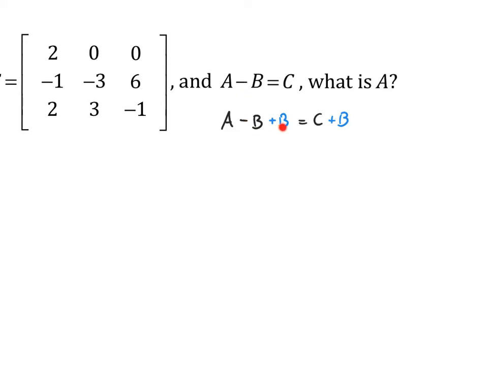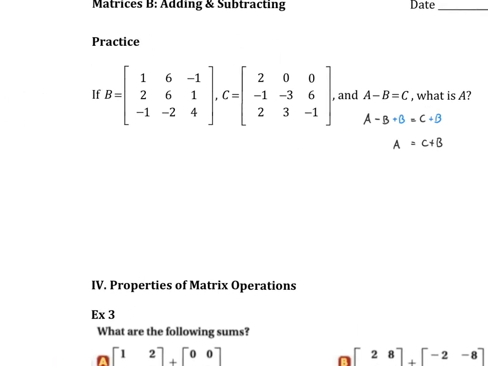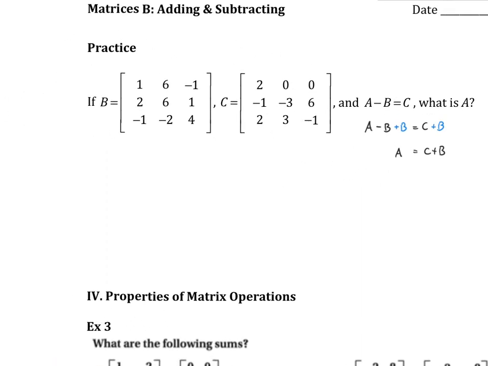Negative B plus B, and then plus B over there. Notice it's on the same side. The commutative property works, so I could have said B plus C over here, but later with multiplication you're going to see that things aren't always as we like. So that means A is by itself. We have C plus B. Commutative property B plus C also works, but now I just need to add B plus C.